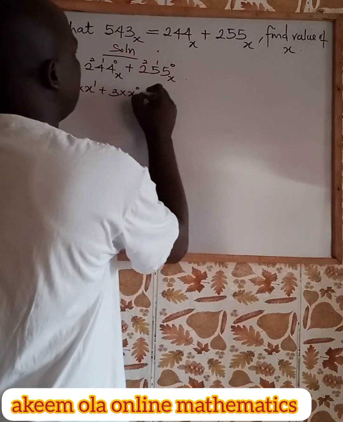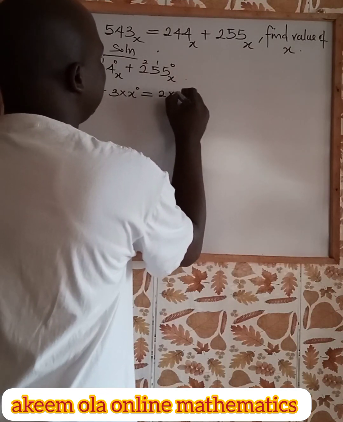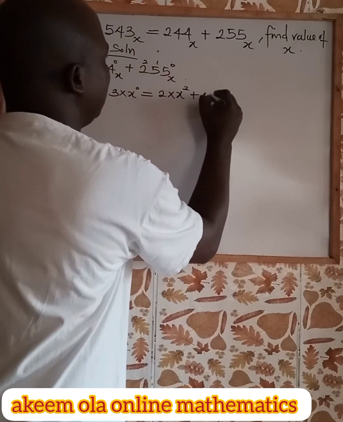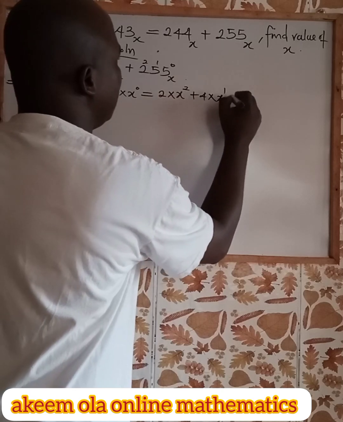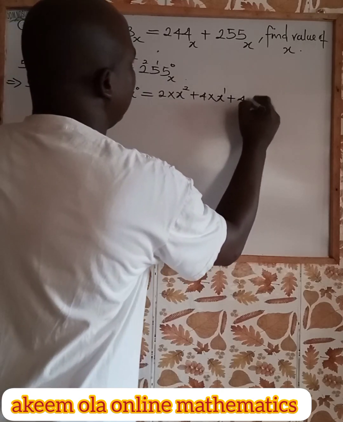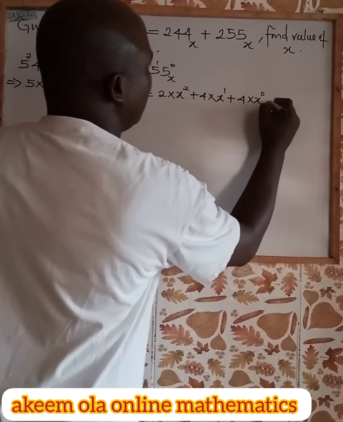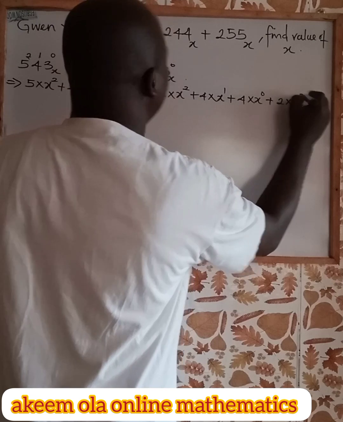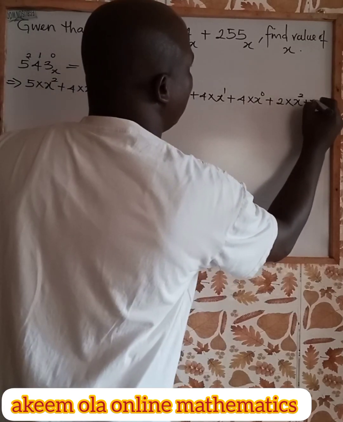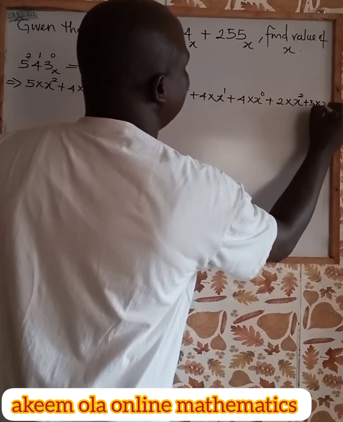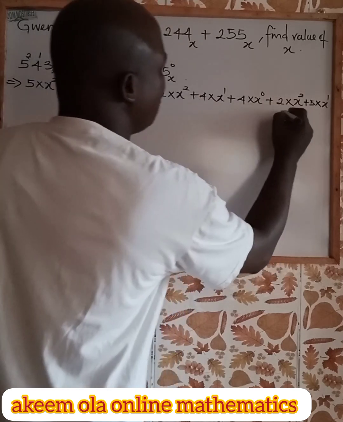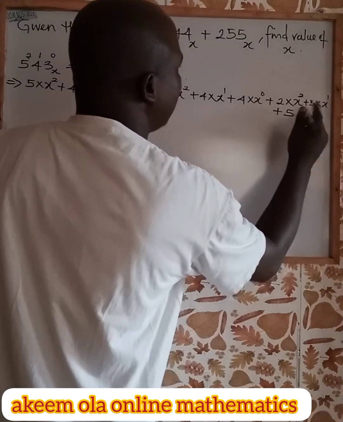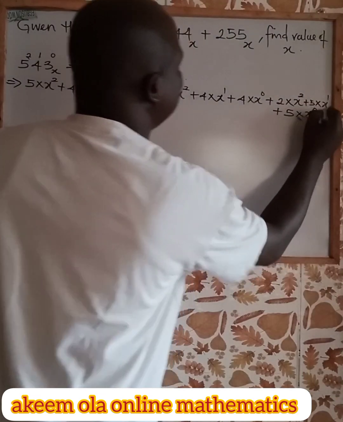We have 2 times x raised to power 2, plus 4 times x raised to power 1, plus 4 times x raised to power 0, plus here we have 2 times x raised to power 2 for this, then we have 5 times x raised to power 1, then the last one here we have plus 5 times x raised to power 0.